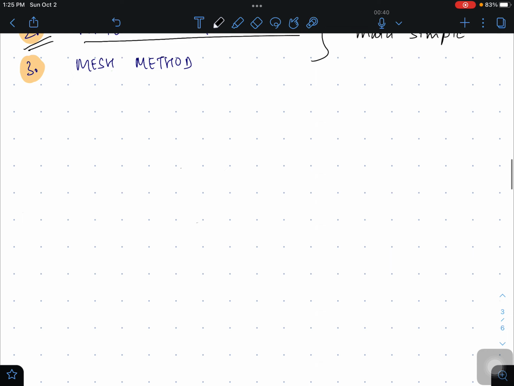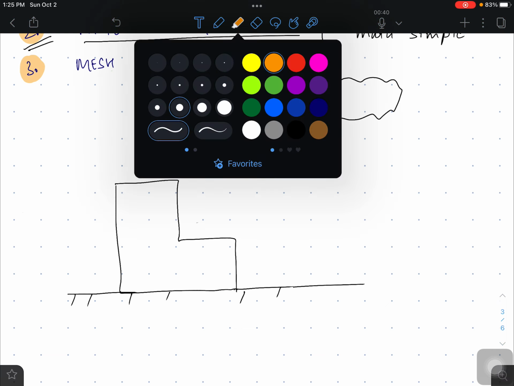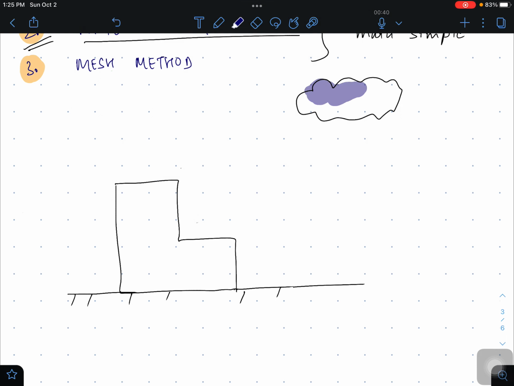So let us suppose there is one structure, and it is on the ground, and there are some clouds, and there is some positive charge developed on the top of the clouds due to the ice crystals, and below, due to waterlets, it is negative.